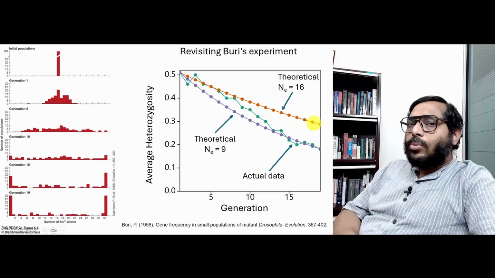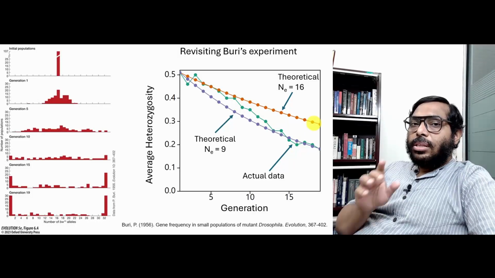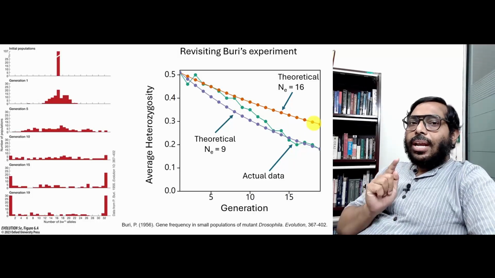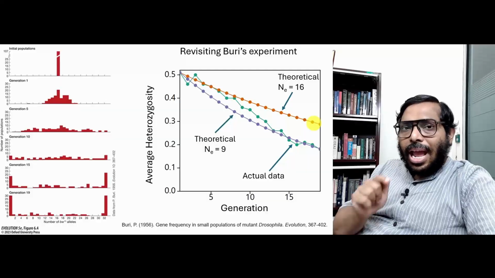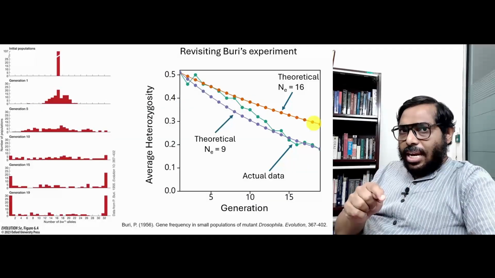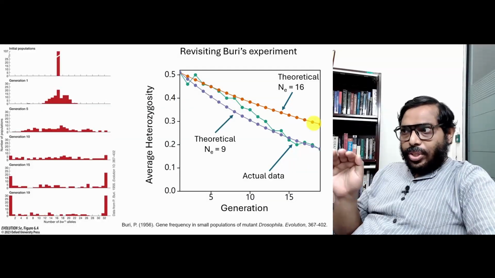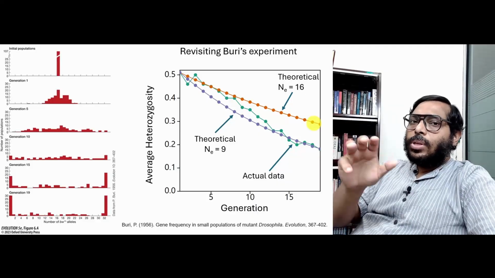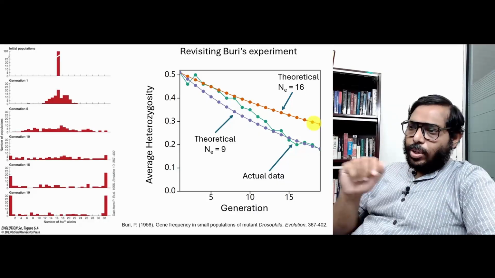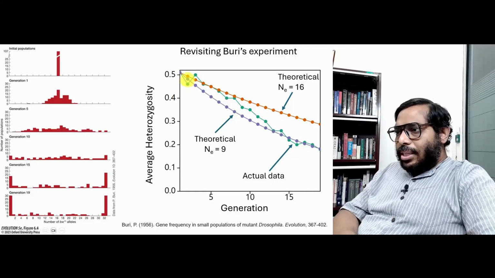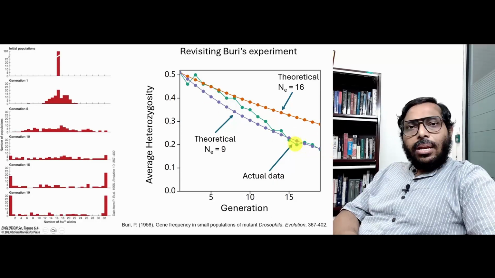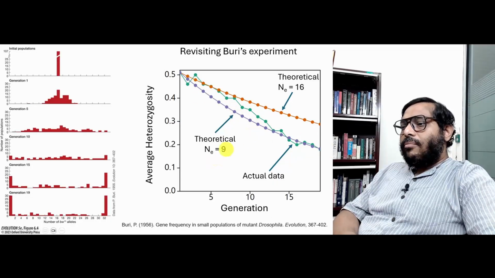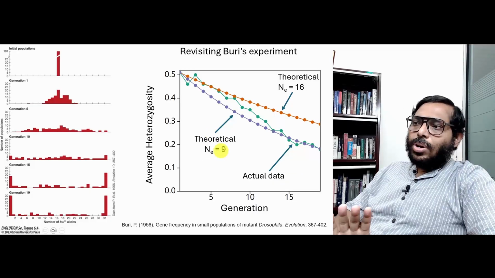Now, why did I choose Ne equal to 16? Remember, in this population, Buri had kept the population size constant at 8 males plus 8 females throughout the experiment, which is why I am assuming that the census size is equal to the effective population size, hence Ne equal to 16. And I have done the same thing for this blue line below, except that here I have taken theoretical Ne equal to 9.